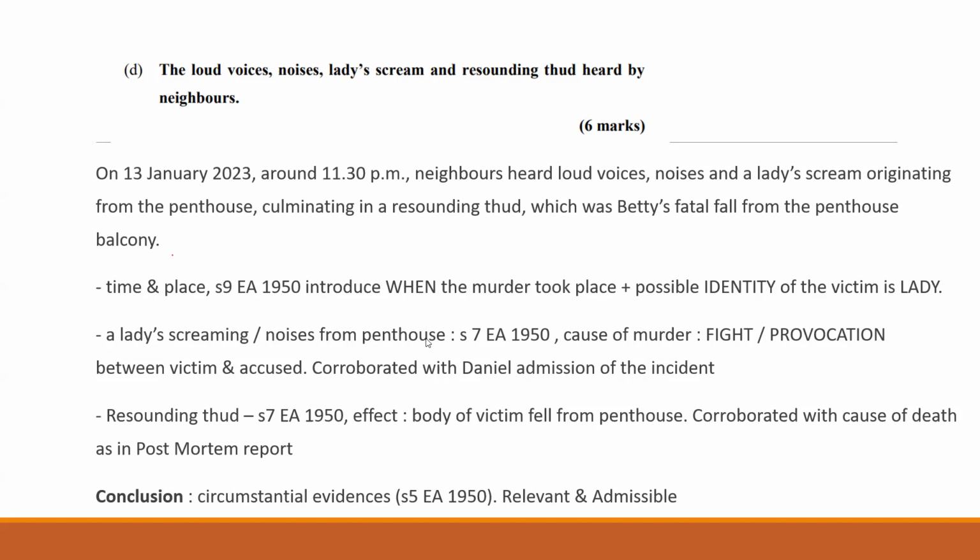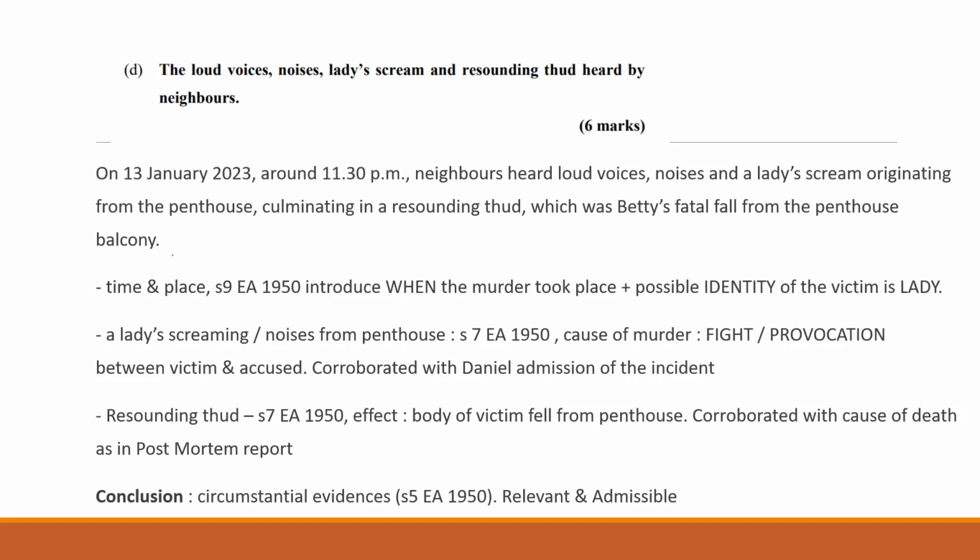Okay, you must try to dissect the so-called facts one by one, because for 6 marks you cannot just write, oh, is this relevant, you just put once. Cause of the murder because of fight, probably there's some provocation, some altercation happens between the accused and also the victim.